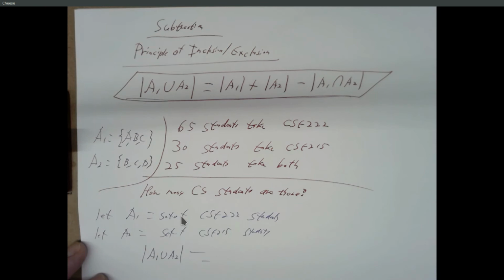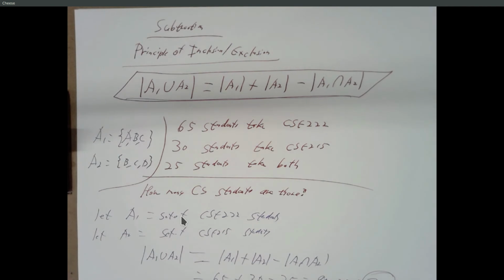And our principle of inclusion-exclusion says that's the number of elements in A1 plus the number in A2 minus the number in the overlap. Well, the number of students in set A1 is 65, the number in A2 is 30, and the number of students that overlap is 25. So 95 minus 25, there's your 70. So you add some and you take some away, inclusion, exclusion.